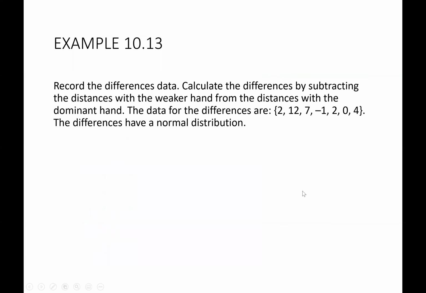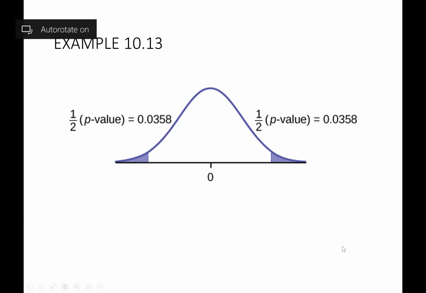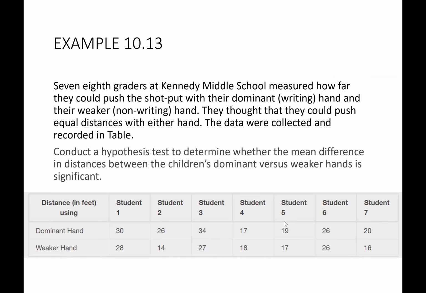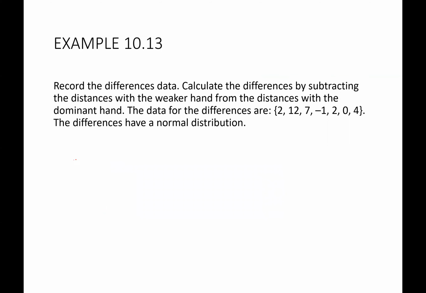Okay, so let's go back and look at some hypotheses. What are we trying to show here? They thought they could push equal distances with both hands. So what these students think is that the dominant hand is the same as the weaker hand.